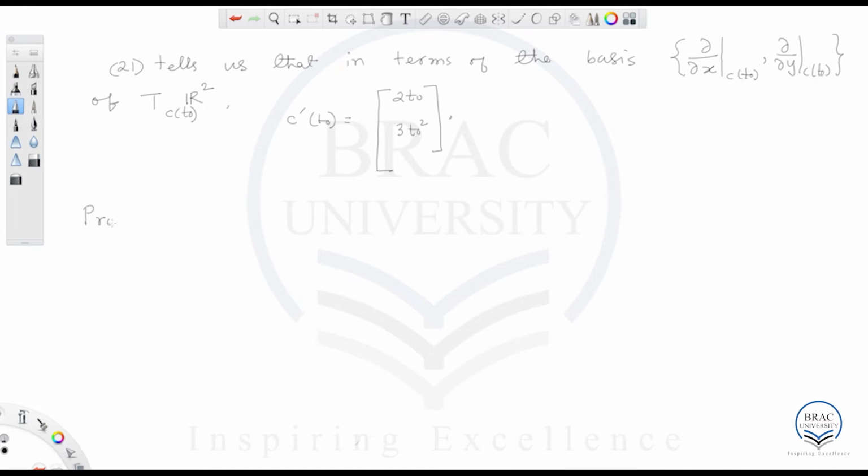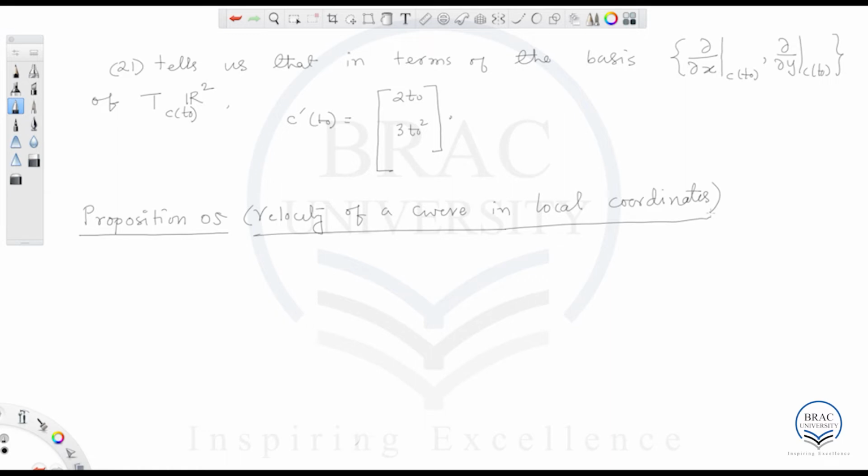So let me state the proposition, the proof of which will be left as an exercise. Proposition 5. Velocity of a curve in local coordinates, a very useful theorem.